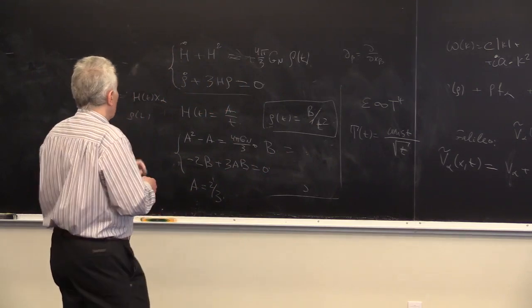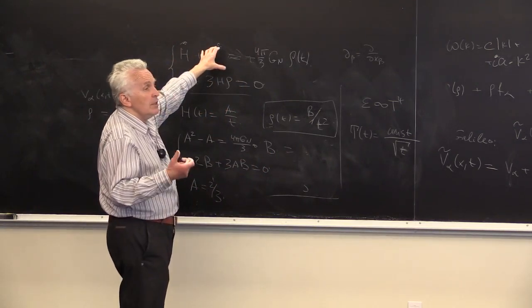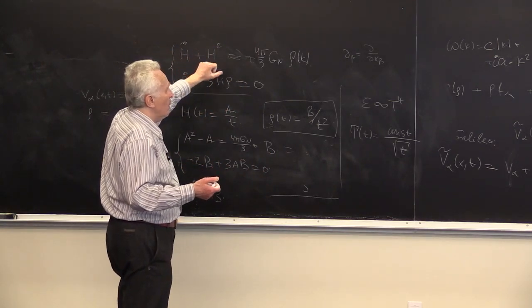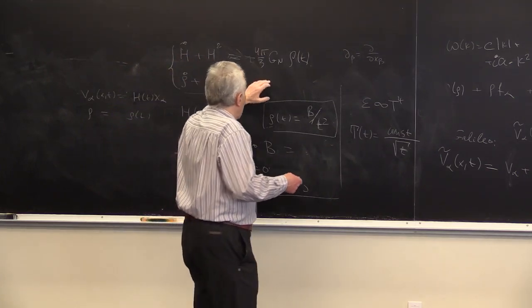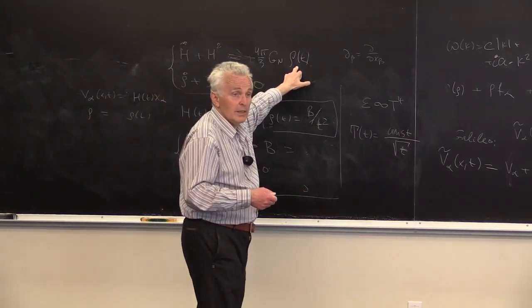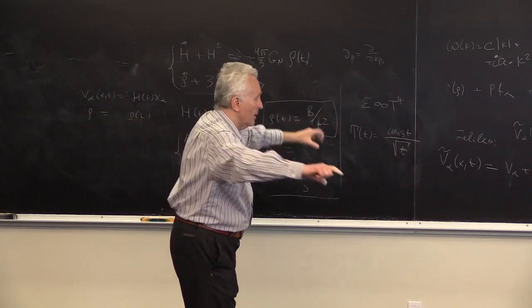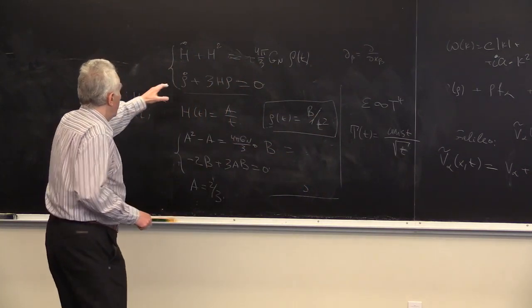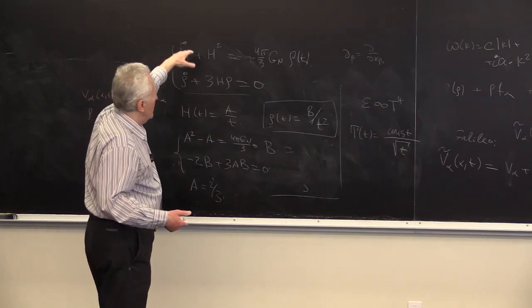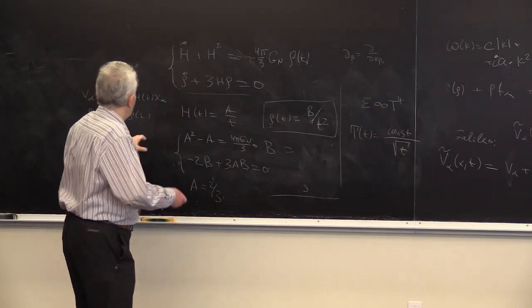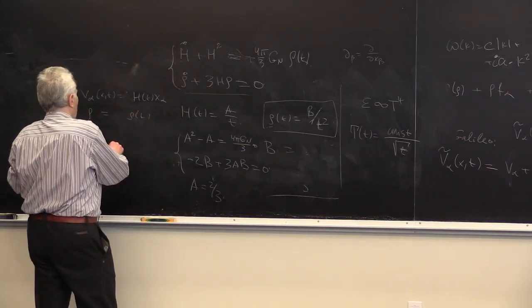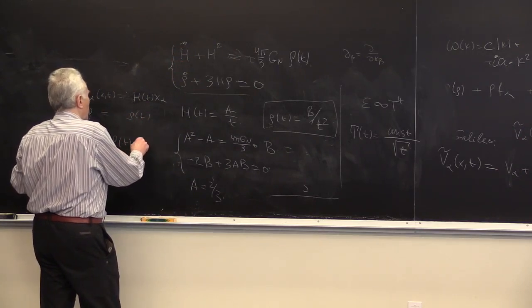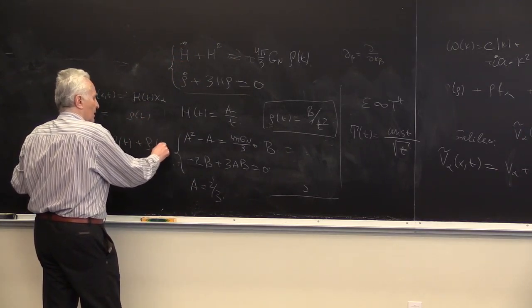Before, when we discussed Jeans instability, we linearized the equation assuming rho is a constant, assuming the universe is static, not expanding. Here we will do the same thing. We will consider rho of t plus rho 1 of x and t.